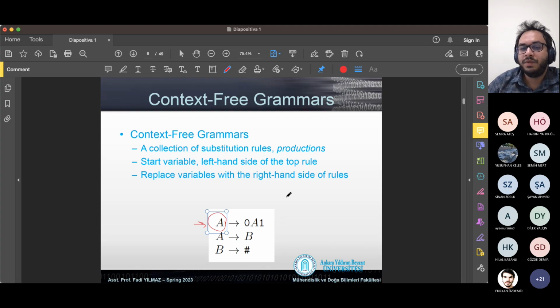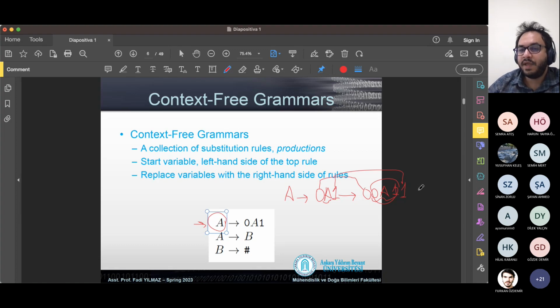For example, we start with A and replace it with 0A1 by following the first rule. Then we can choose the first rule again and generate 00A11. I replace this A with 0A1: the first 0 and the last 1 are the outer ones, and these three in the middle come from this A.